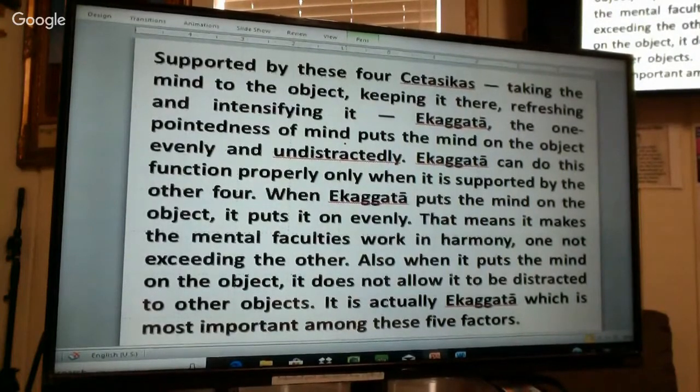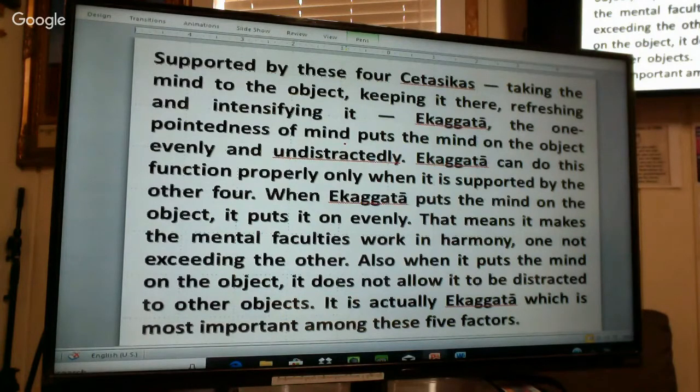So it puts the mind on the object evenly. Evenly means no shaking and no disturbance, undistractedly. So Ekagata can do this function properly only when the other four mental factors are supporting, like Vitaka, Vichara, Piti, Sukha.